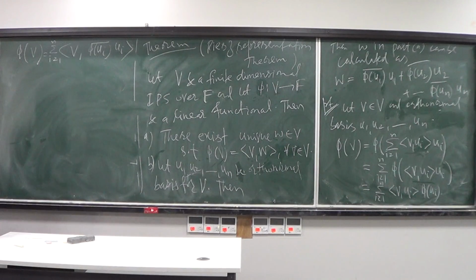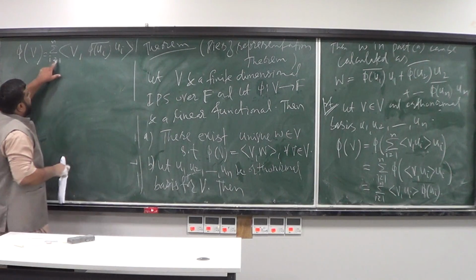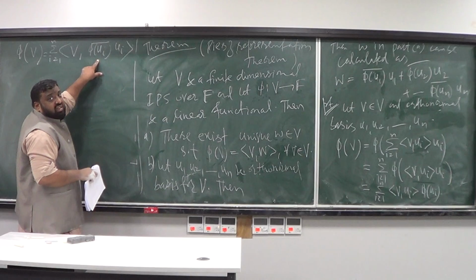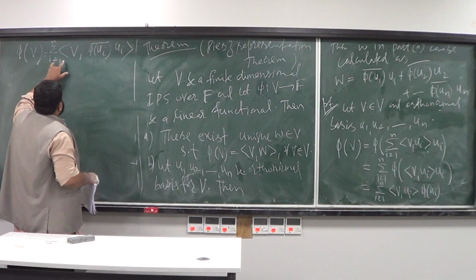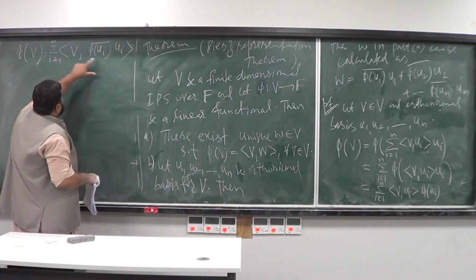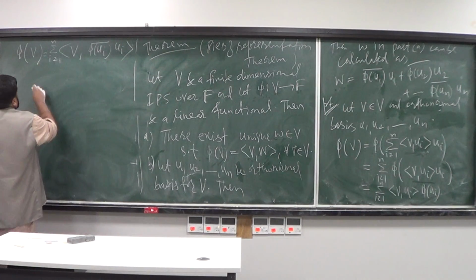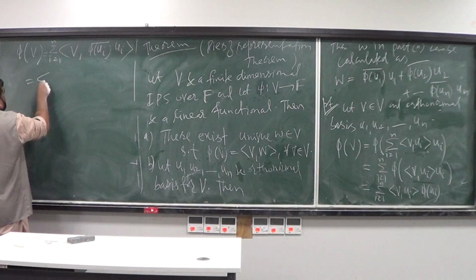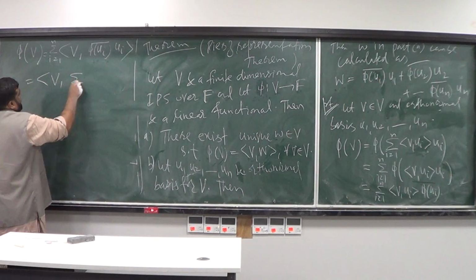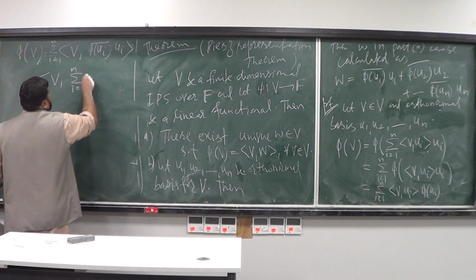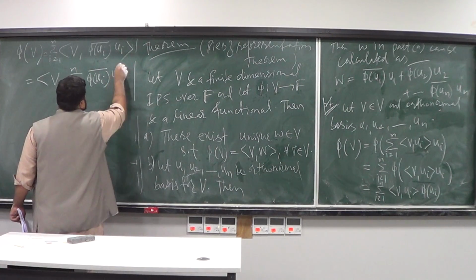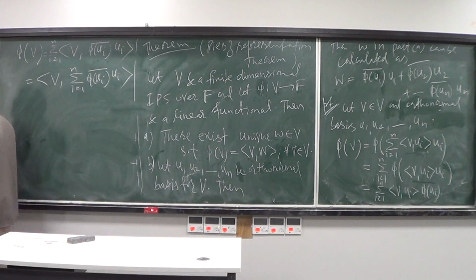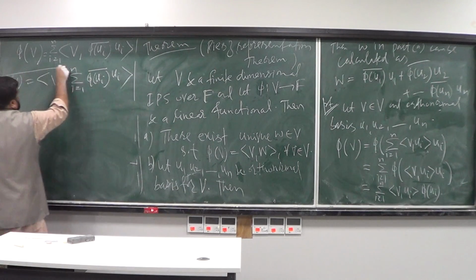And then, if I wish, I can take this sum inside. So the sum of the second components, I can write as the inner product of v with the sum, i equal to 1 to n of phi of ui bar times ui. I'm assuming that you know such properties. Phi of v.